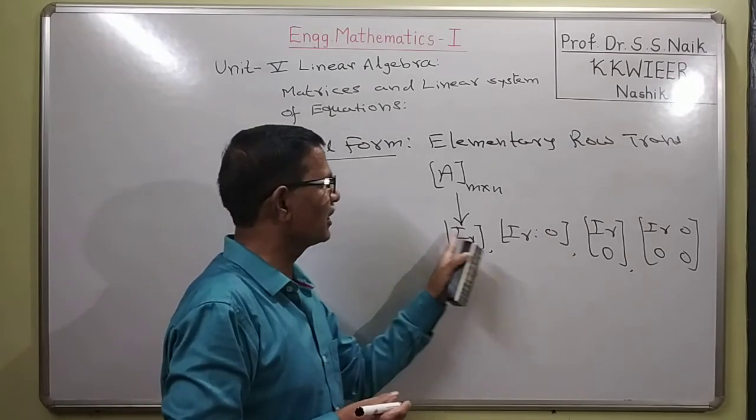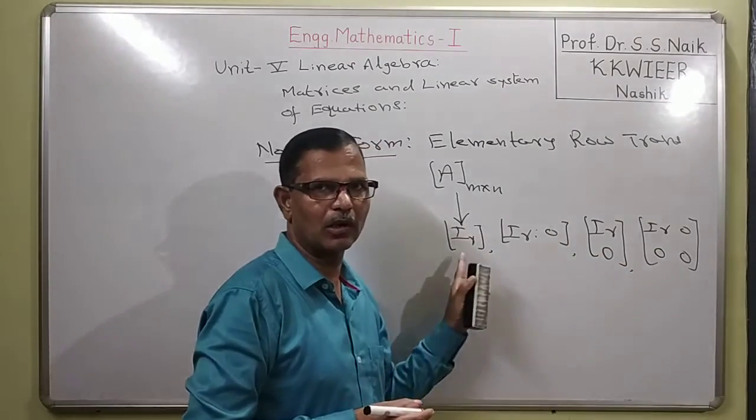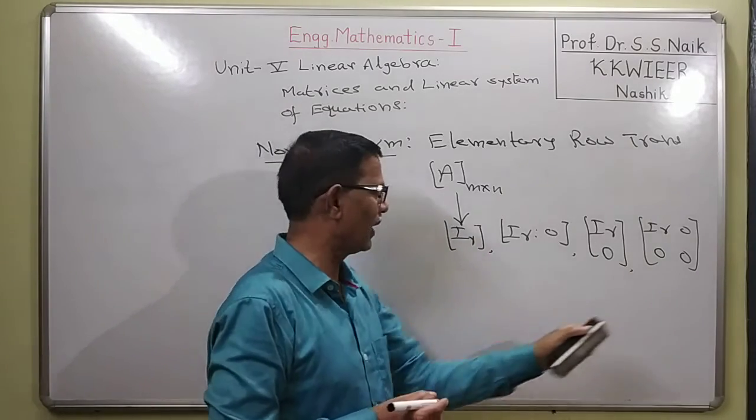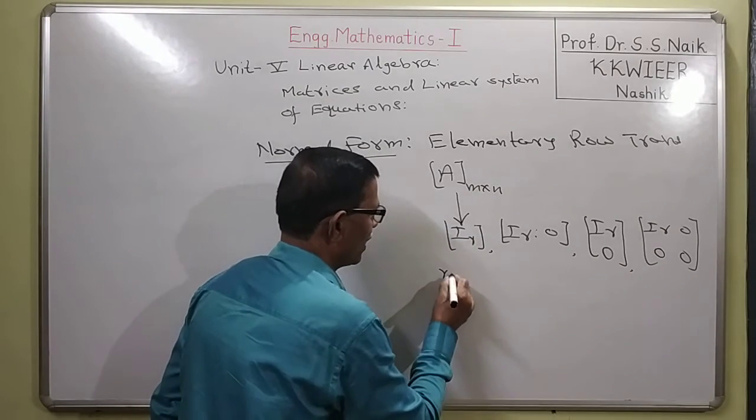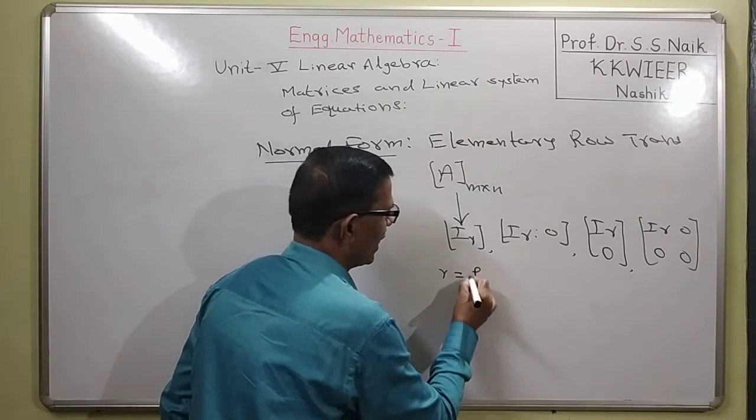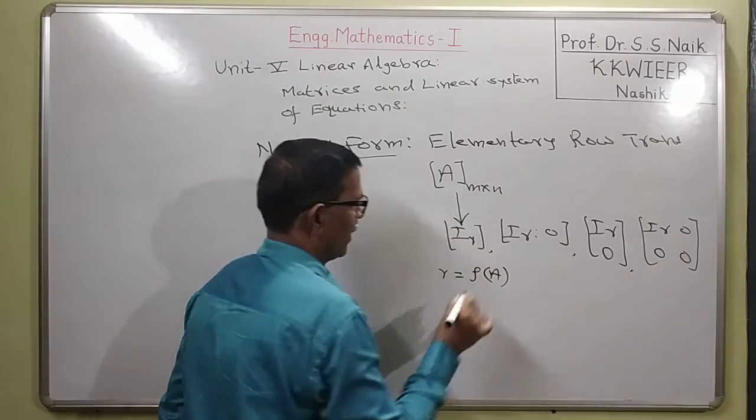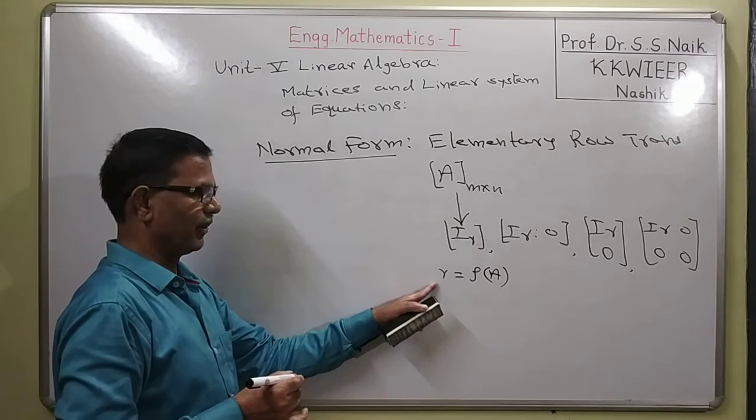Such types of forms are called the normal forms of a matrix. And here R is equal to rank of A.